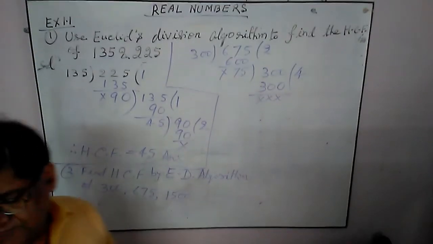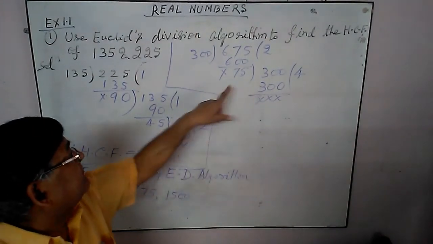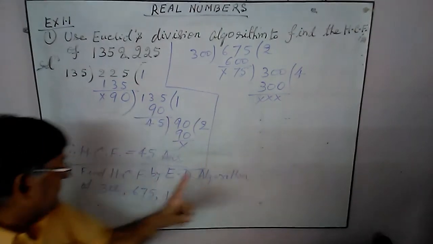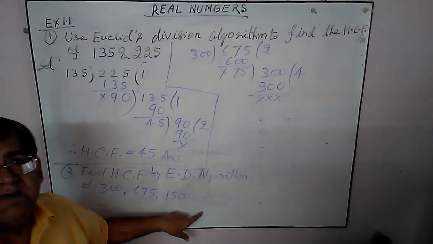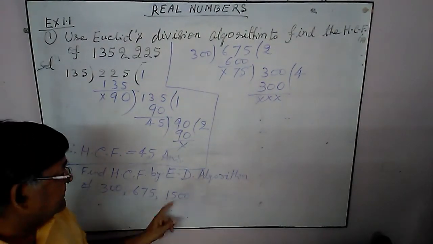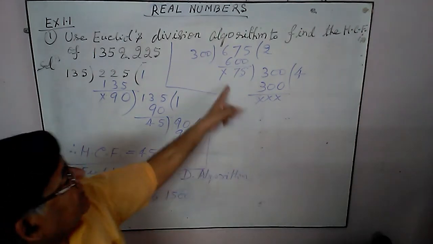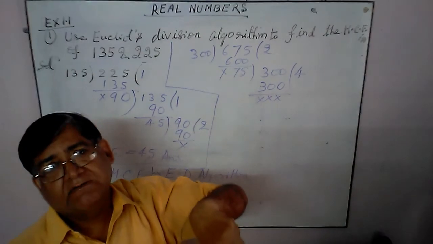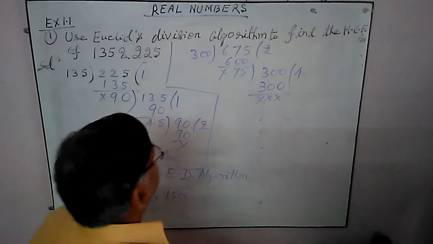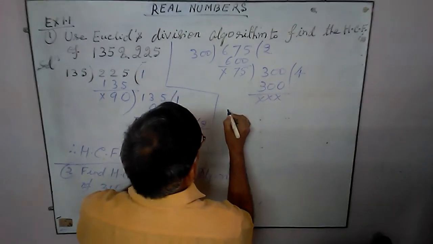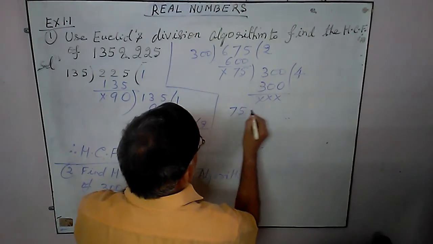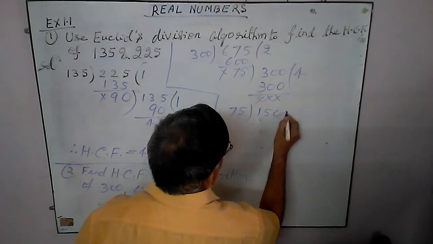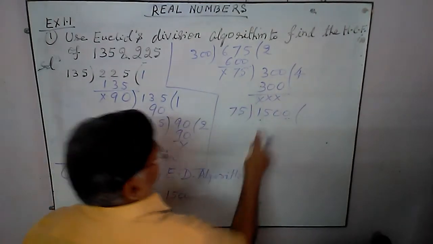Now your last divisor is 75 and one number is left here, 1500. Now we start dividing this 1500 by your last divisor. This is the method for the third number. So start with 75 and here 1500.